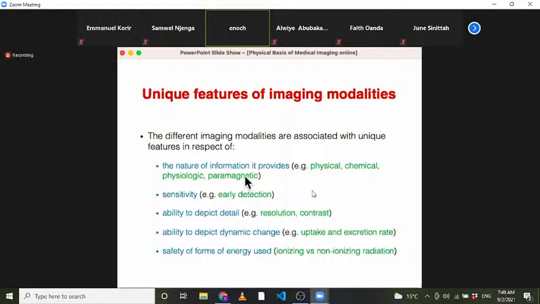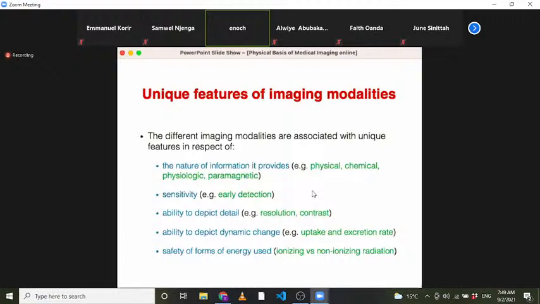For chemical or physiological information, we said radionuclide imaging allows us to capture information about the function of the human body. Sometimes we also have functional MRI, which can also give us such information.